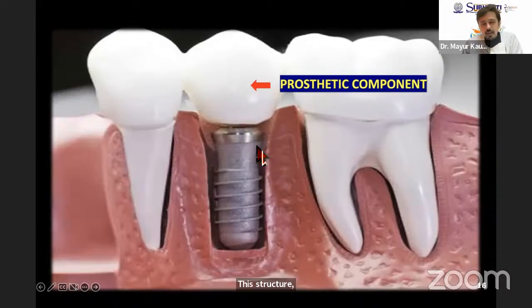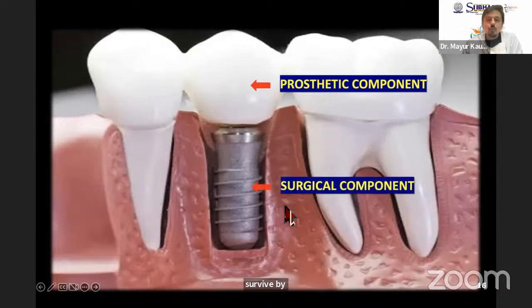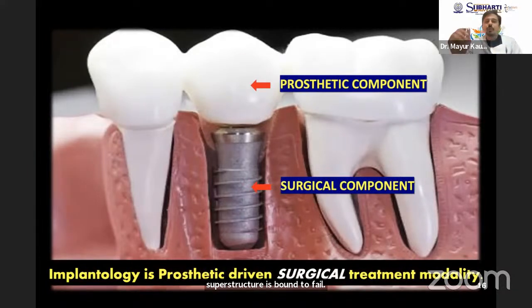And this implant has to survive by being placed surgically in living bone and soft tissue. So please understand, if the base is weak, the superstructure is bound to fail. The world over accepted definition of implantology is that it is a prosthetic driven surgical treatment modality.